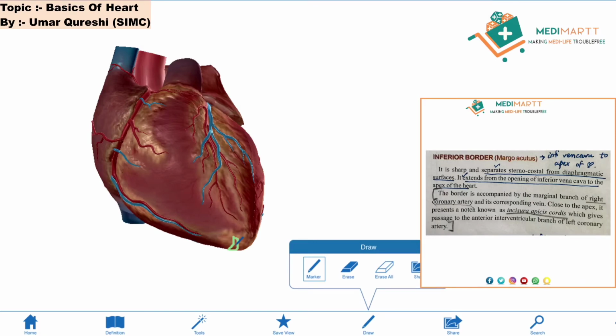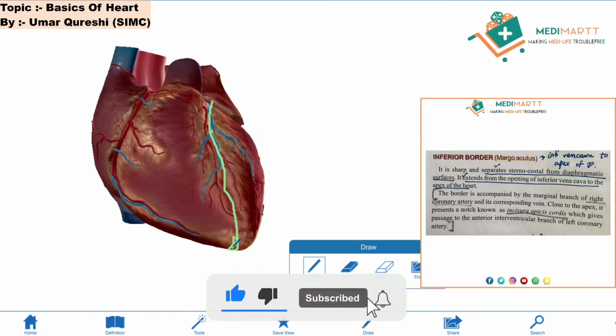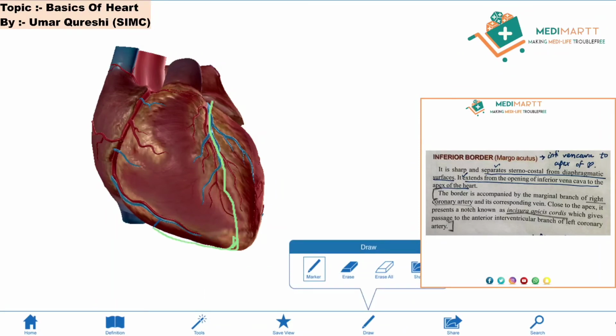As I already told you, there are several branches of the right and left coronary arteries. Passage means the pathway. If the artery is coming like this, this is its pathway, so it will go inside this incisura apicis cordis and move towards the back of the heart. So it is giving the passage to the anterior interventricular branch of the left coronary artery.